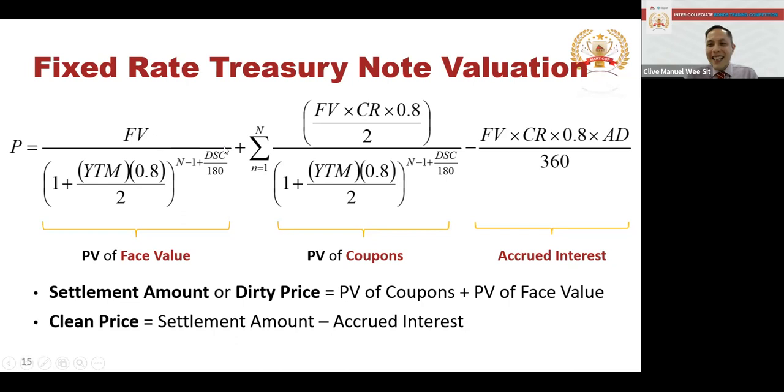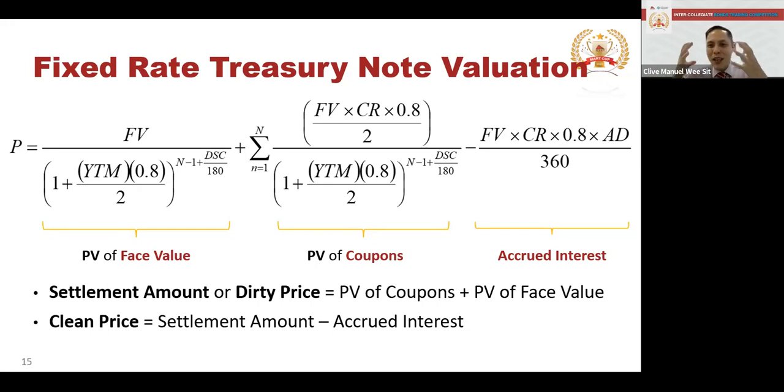Now, the answer is, remember I mentioned a while ago that it's possible for you to buy a bond in between coupon dates, not during the issue date or a coupon date, because it's possible for you to trade the bond anytime throughout its life. And because you have that possibility of trading the bond in between coupon dates, that essentially means that a certain number of days have accrued or lapsed since the last coupon date or since the issue date.